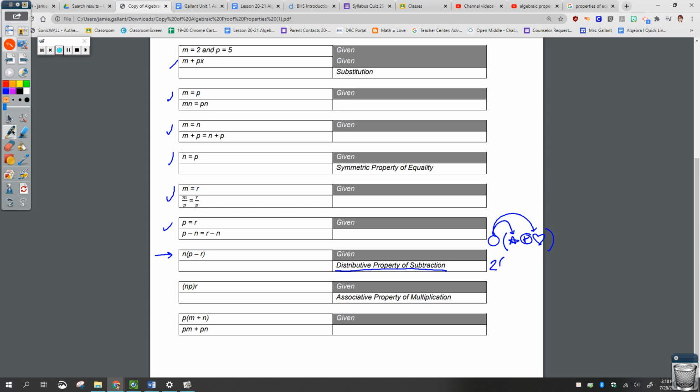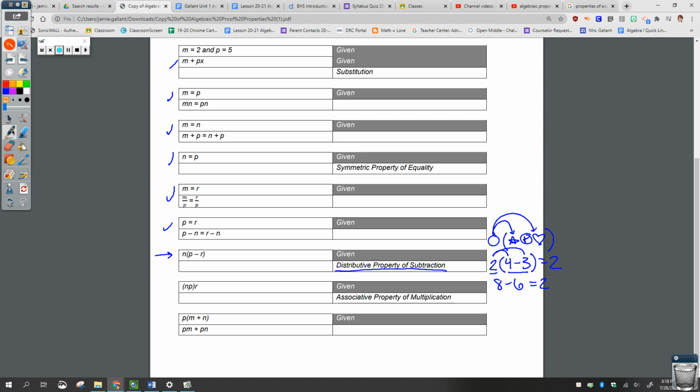Let's do it with numbers. Like if I had 2 times 4 minus 3. I can distribute that 2 and multiply it, and this becomes 8 minus 6. So think about it. You could have done 4 minus 3, that would have given you 1, and 1 times 2 is 2. Or you could distribute, get 8 minus 6, which is also 2.